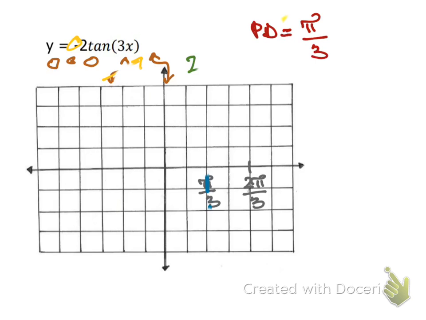If we leave 2 boxes as pi over 3, just refreshing my memory here of what was going on, tangent still starts at 0, and it still has an asymptote half of the period on either side. But if the period is pi over 3, which is 2 boxes, I'm only going to have 1 box on each side.